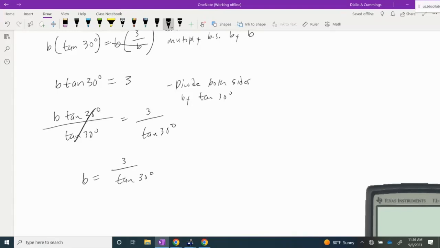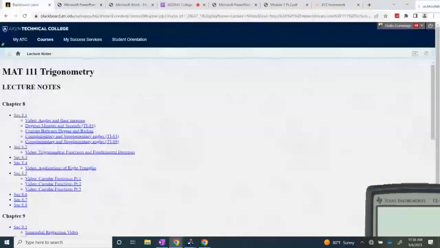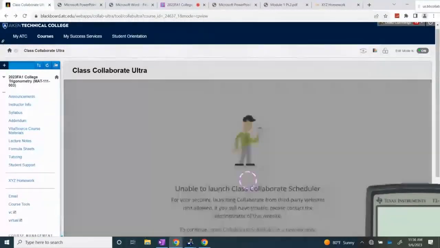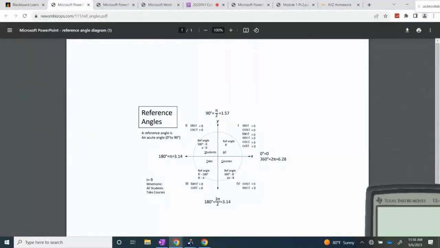Since it doesn't want me to use my calculator for the decimal answer, where could I find the exact value of the tangent of 30 degrees? We can find that in the formula sheet section, in the unit circle function value chart.